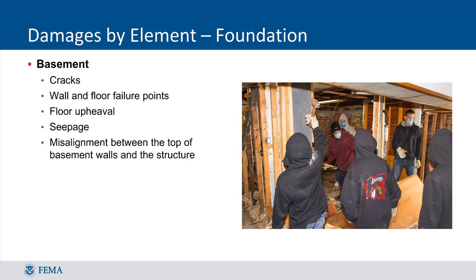When evaluating homes with a basement foundation, view the entire basement as part of the foundation system. While cracks in the wall may be obvious signs of damage, you should also be on the lookout for cracks in the floor or misalignment between the basement walls and the rest of the structure.